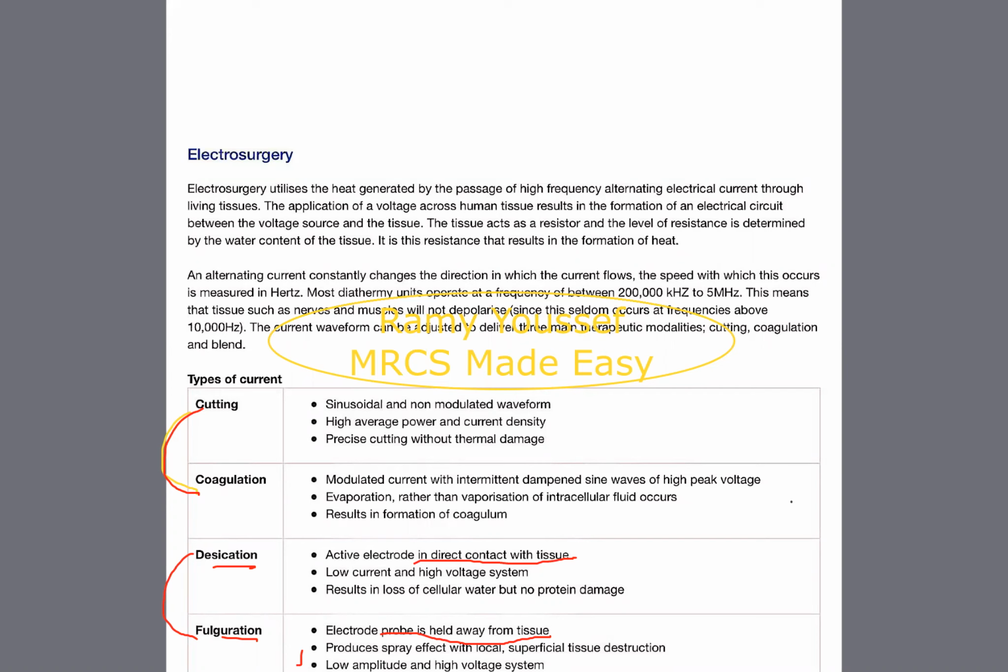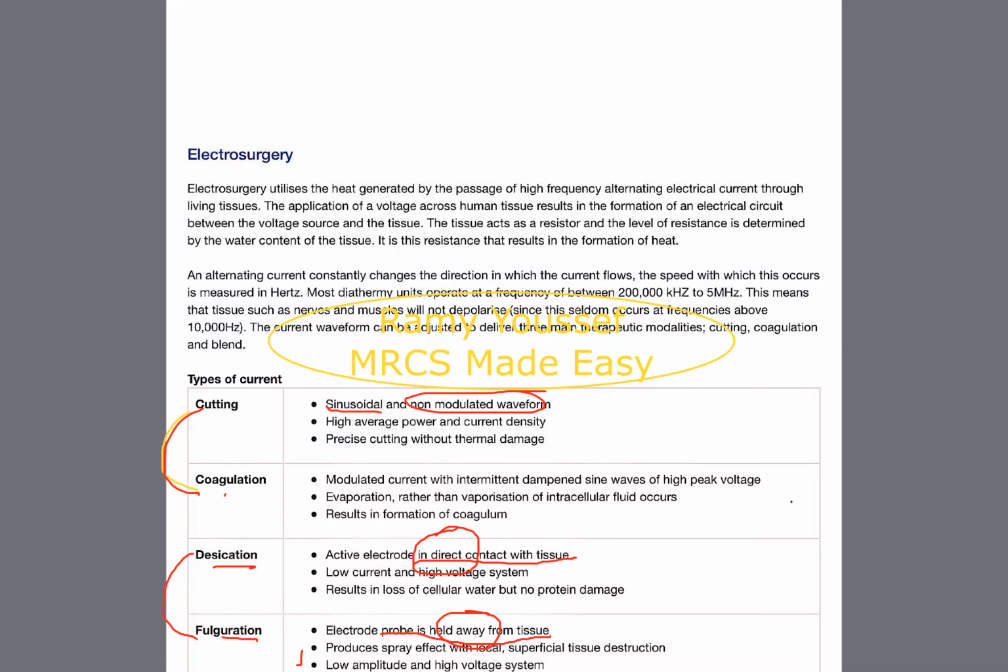So dissection and fulguration are both high voltage, low current or low amplitude, but the key in the exam will be direct contact with tissue. If it is in contact, you are doing dissection; if it is away from tissue, you are doing fulguration, like spray, like telling the assistant in the operation to make it spray for me. Now cutting and coagulation. Sinusoidal, non-modulated wave is cutting.